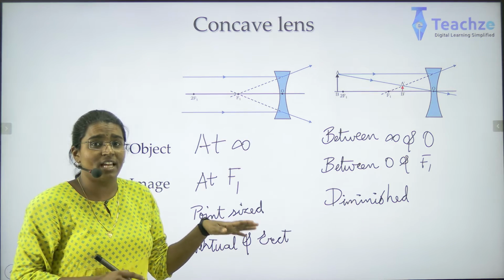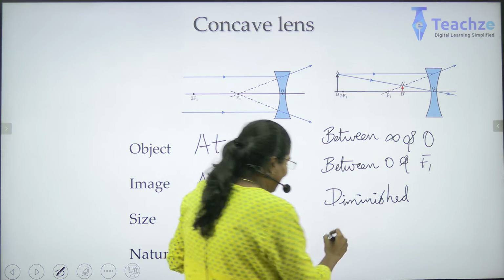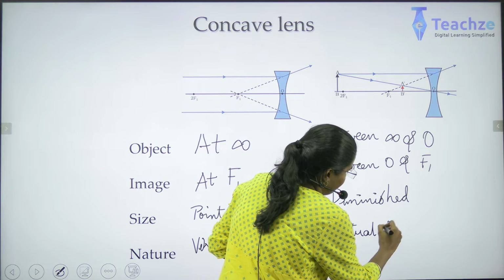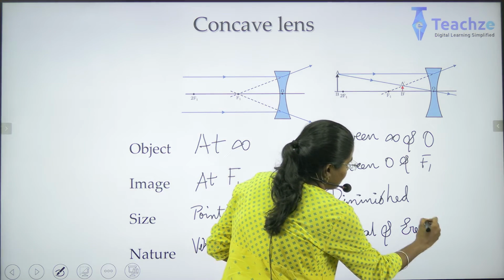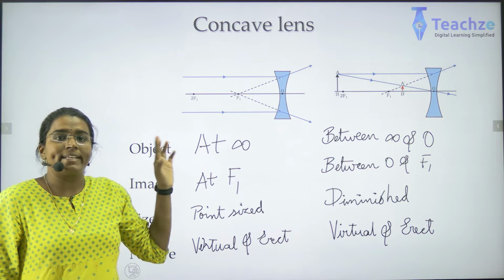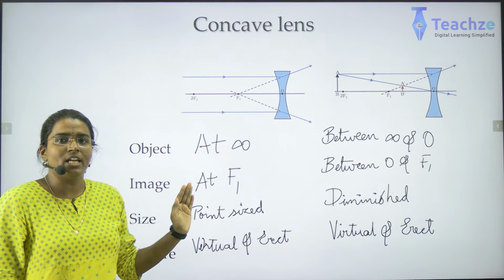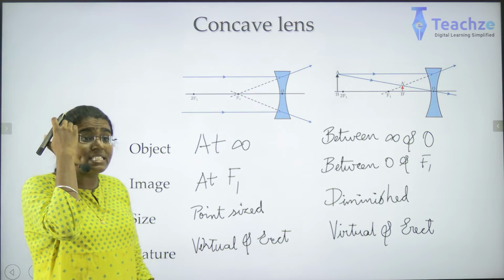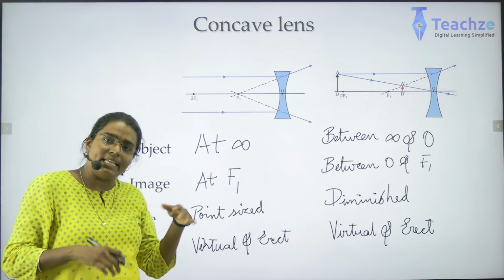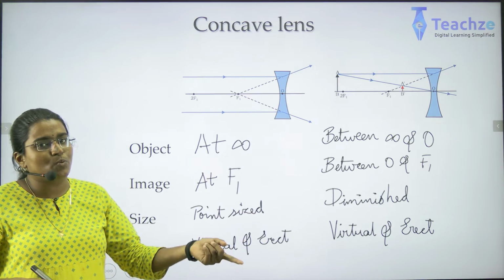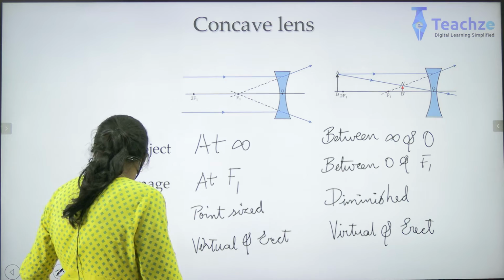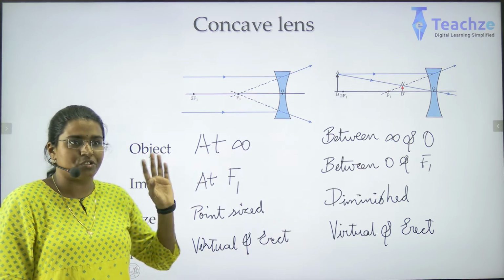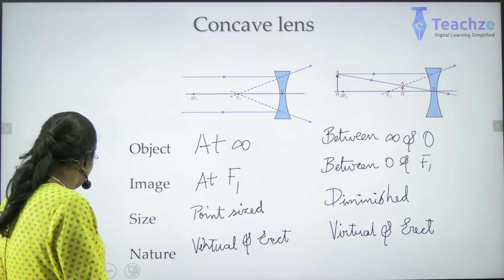And what about the nature? Virtual and erect. Good. So concave lenses produce only virtual and erect images. Convex lenses produce real and inverted images, and the last case was the virtual and erect image. Good. So I hope you're clear with image formation by concave and convex lenses.